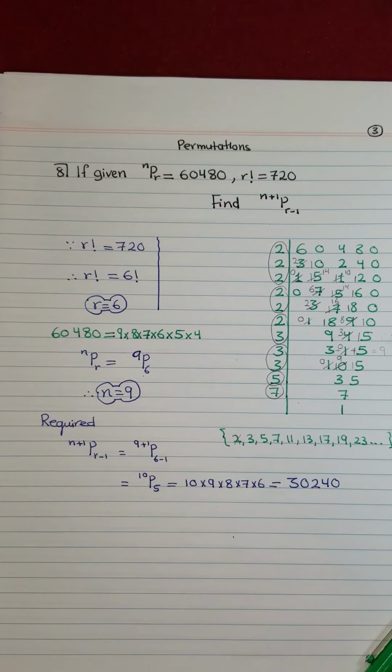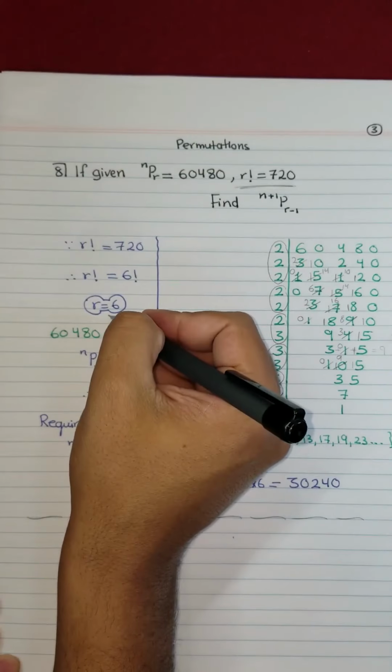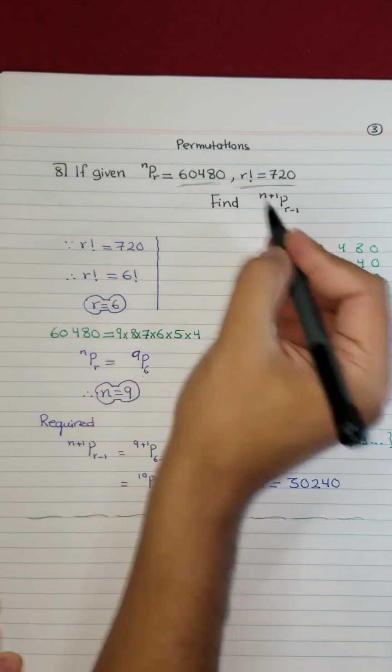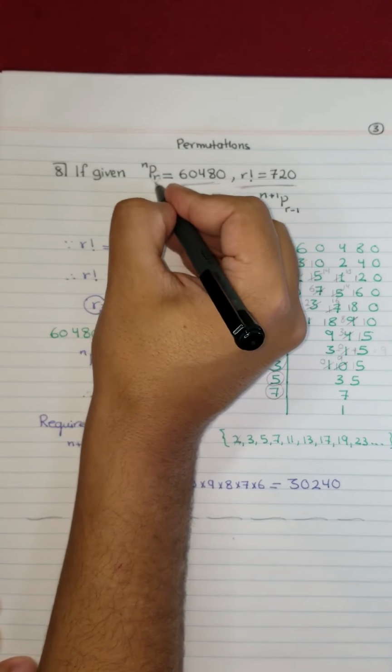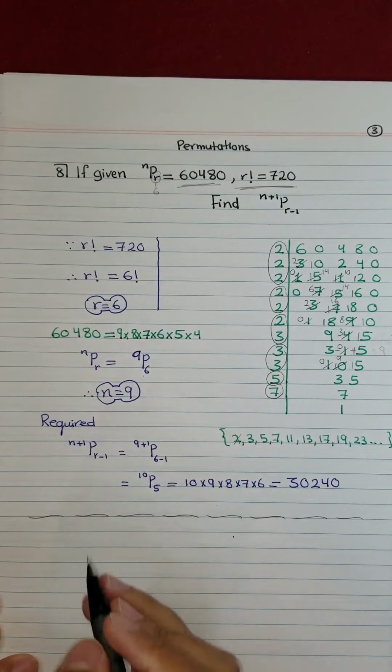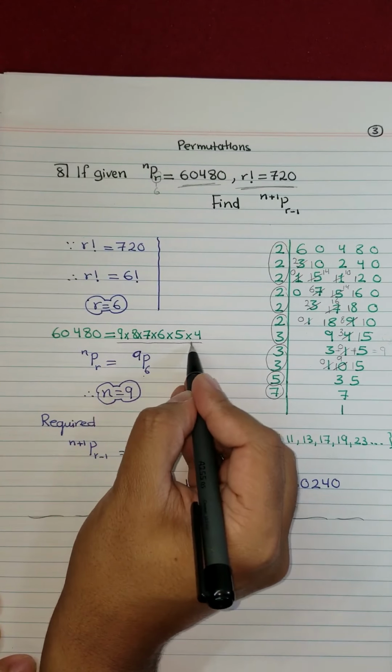So this is now question 8. I hope that this question is clear. Just a quick revision of what we did. We found the value of R from here. So R was 6. From here we got this number, and we did the prime factoring of this number. We know that this R is 6, so we were looking for 6 numbers in a sequence. We found these 6 numbers in a sequence.